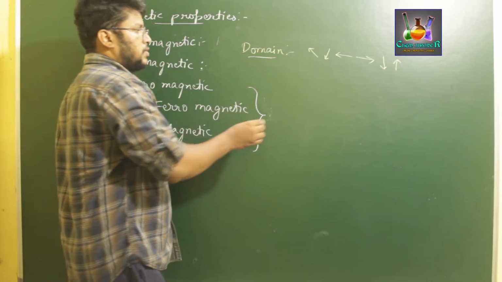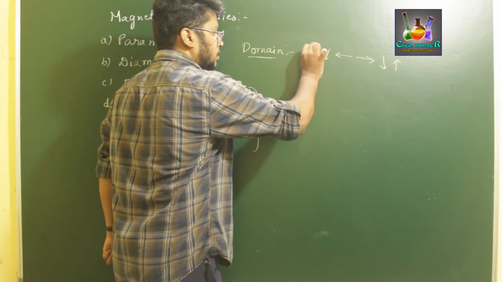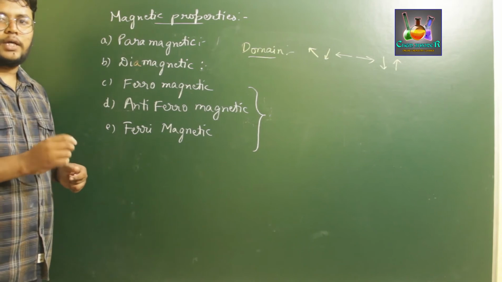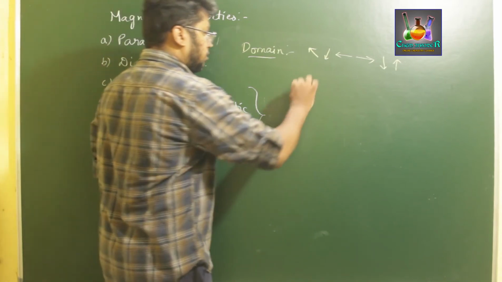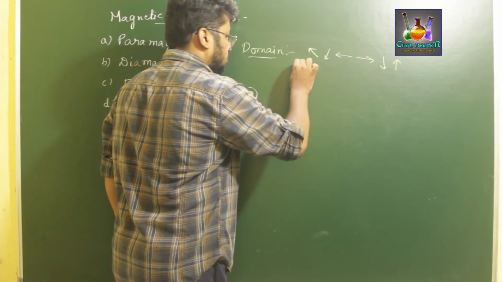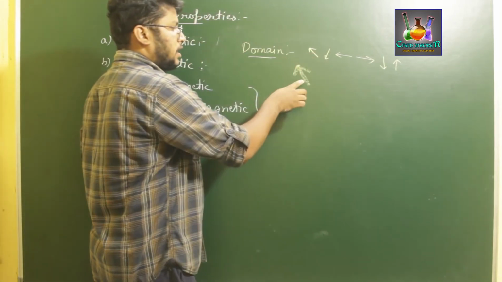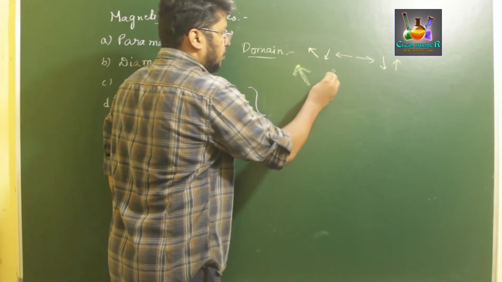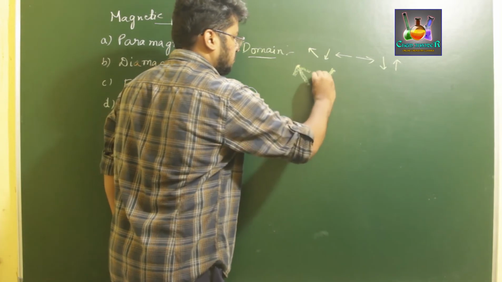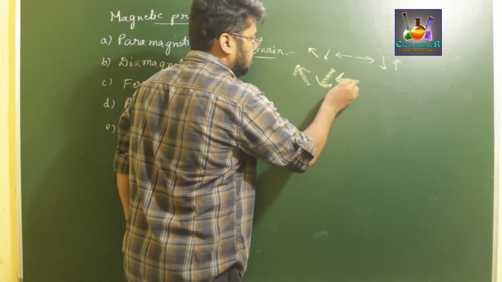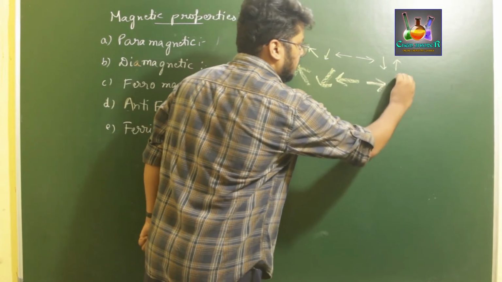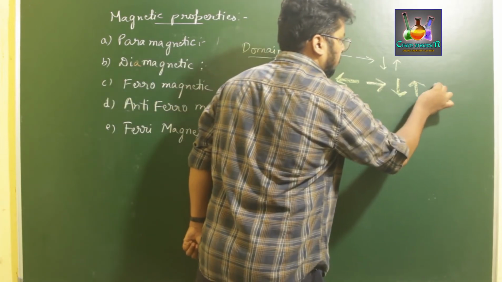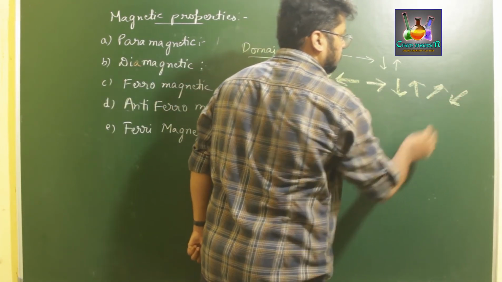All these electrons which are in the same direction, if there are some electrons present in this particular direction, those are all combined to one another to form a domain or a group. So that is a group of electrons which we can denote like this. This is a group of electrons which has alignment of electrons in this direction, and some domains will have direction in this manner, and some in this manner, some moving upwards, some moving downwards, some moving on the right, some on the bottom left, some like this.